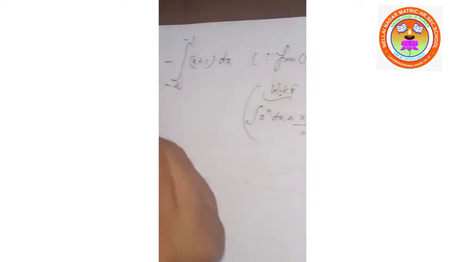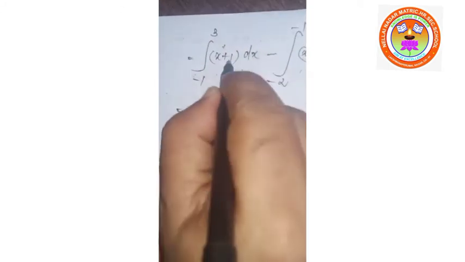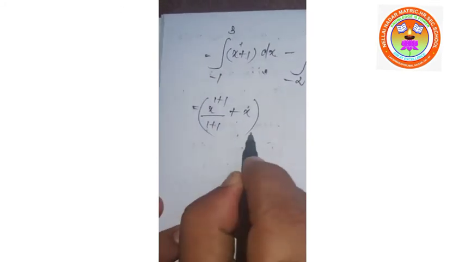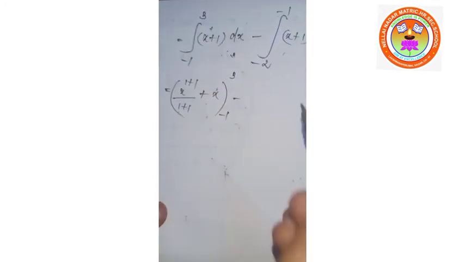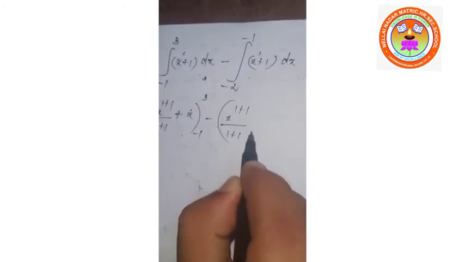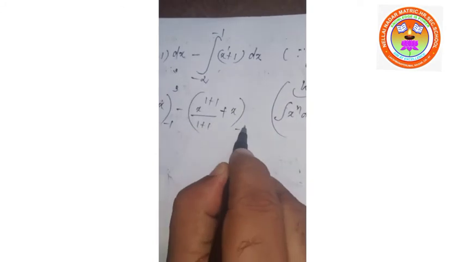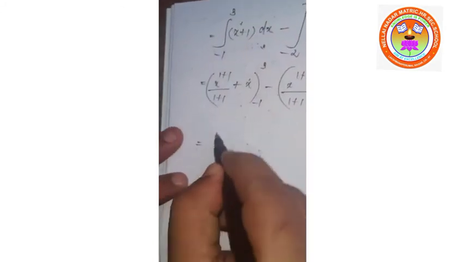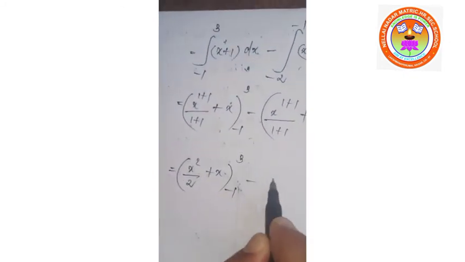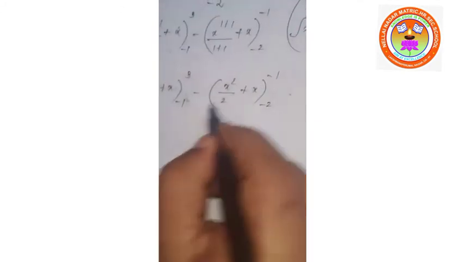So we can apply this formula here: x power 1 plus 1 divided by 1 plus 1, and dx alone integration is x, limit -1 to 3, minus the same, x power 1 integration, x power 1 plus 1 divided by 1 plus 1, and dx alone integration is x, limit -2 to -1. That is equal to x squared by 2 plus x, -1 to 3, again x squared by 2 plus x, limit -2 to -1.